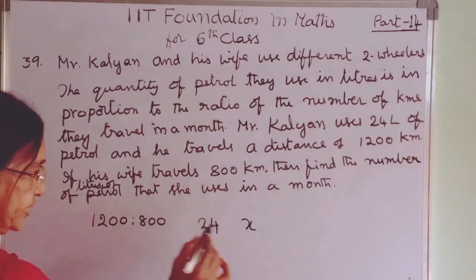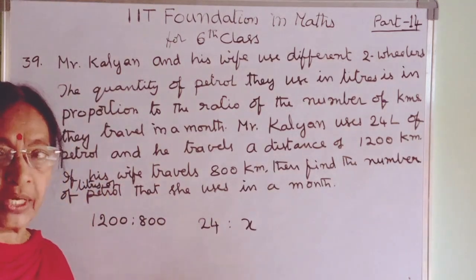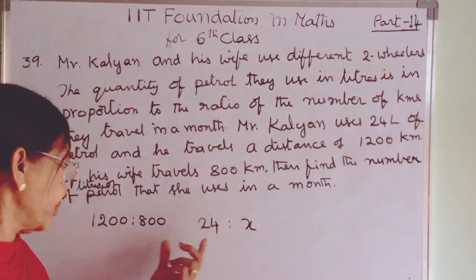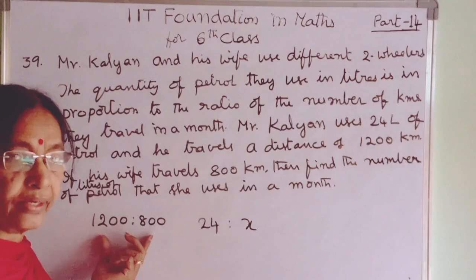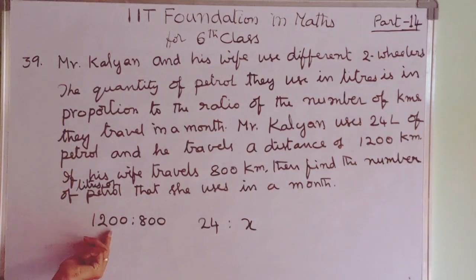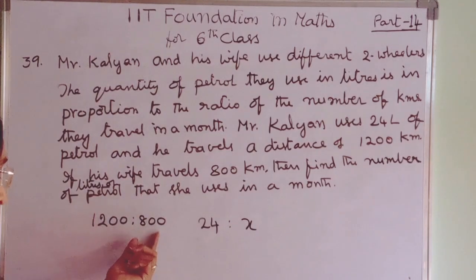So ratio of the number of liters of petrol they use is 24 is to X. This is in proportion with the distance travelled by them. So Kalyan travels 1200 kilometers and his wife travels 800 kilometers. Therefore, ratio is 1200 is to 800.